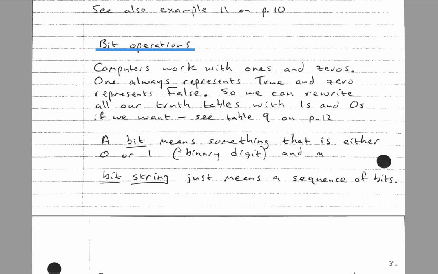These bits mean something that's either 0 or 1. It comes from binary digit, the B from binary and the IT from digit, so that's bit.